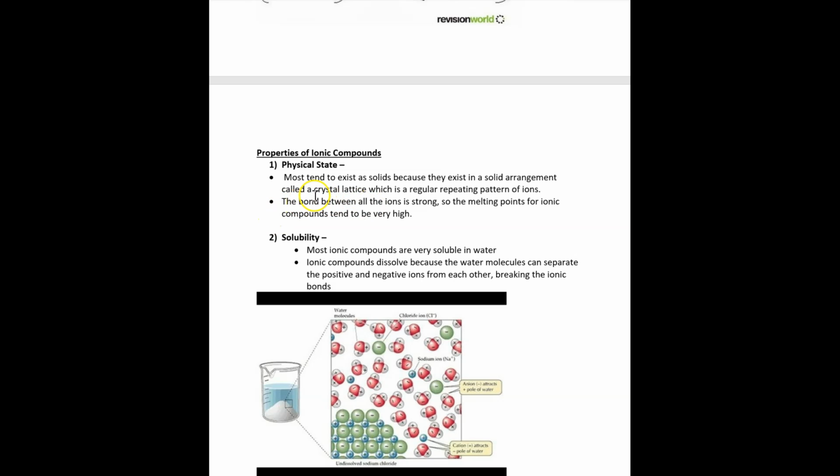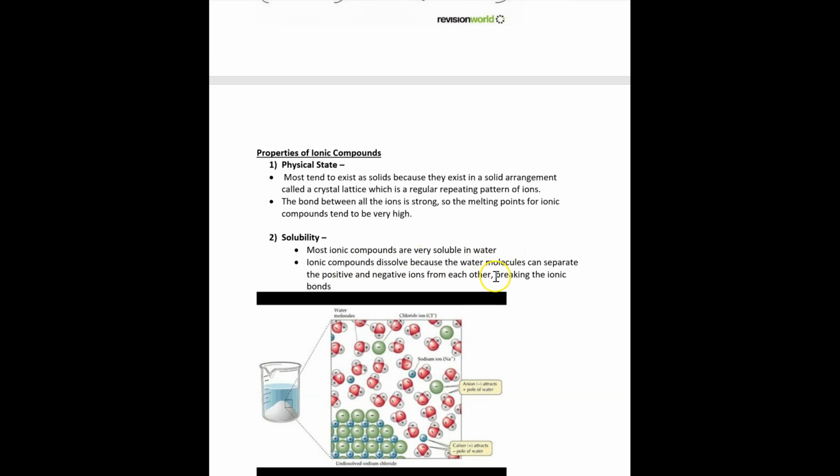It's called a crystal lattice, which is basically a regular repeating pattern of ions. The bonds between those ions are very strong, so ionic compounds usually have very high melting and boiling points. Ionic compounds are usually very soluble in water.